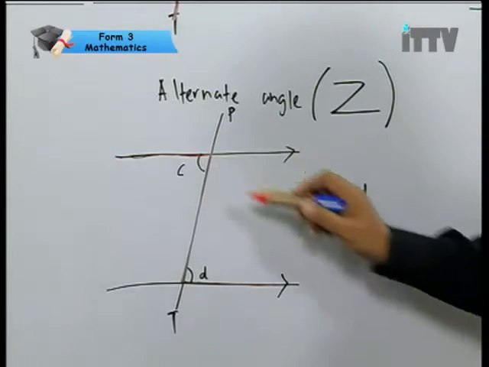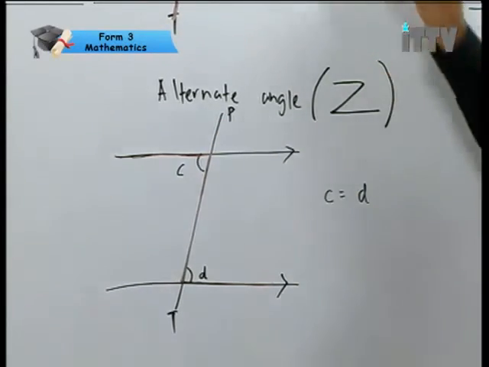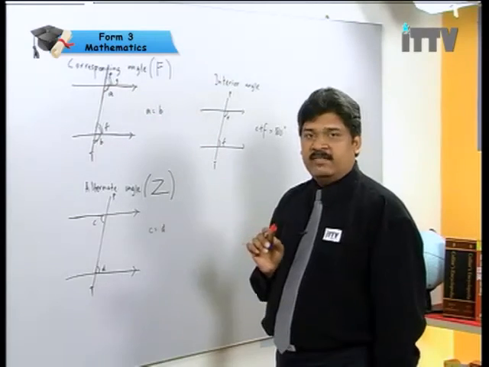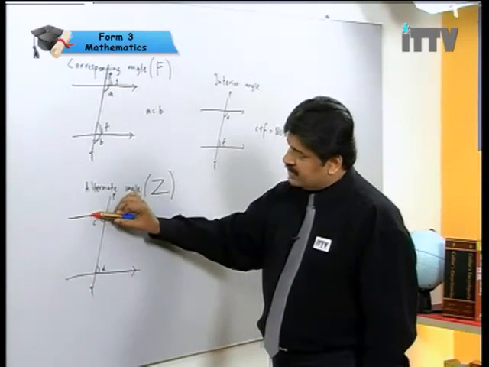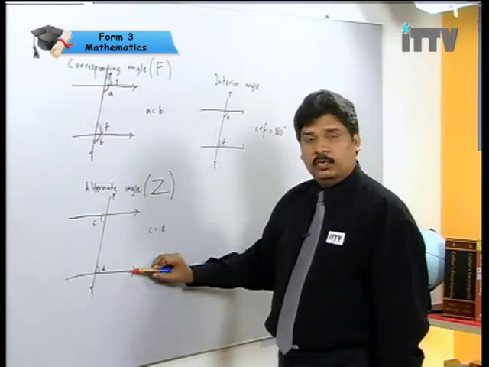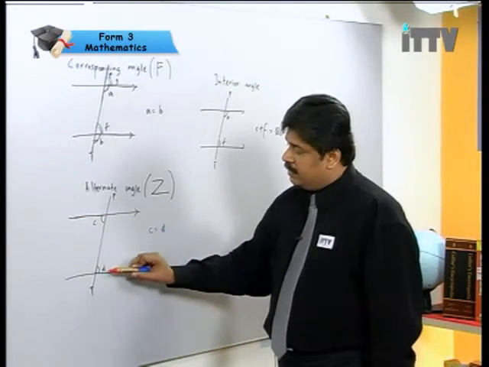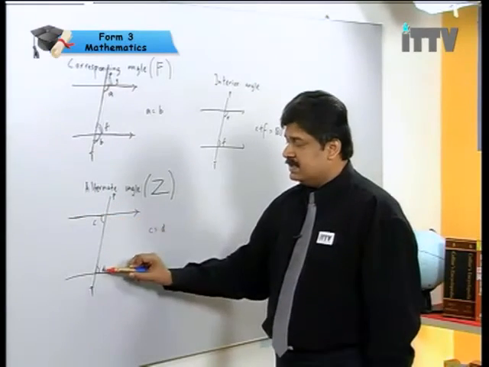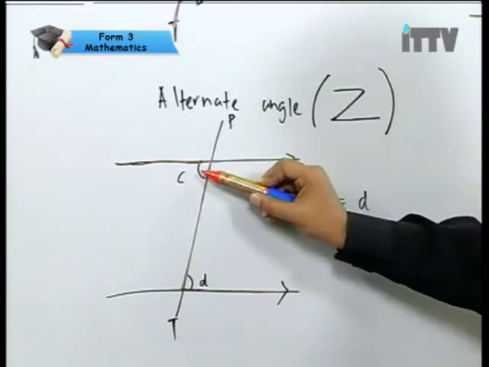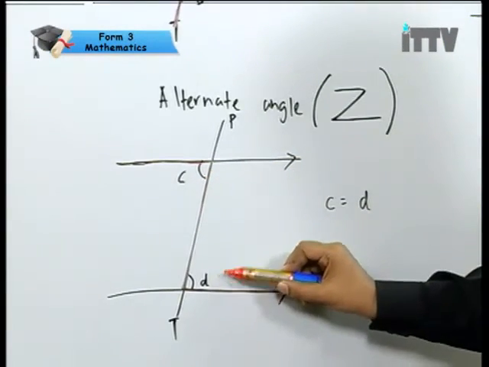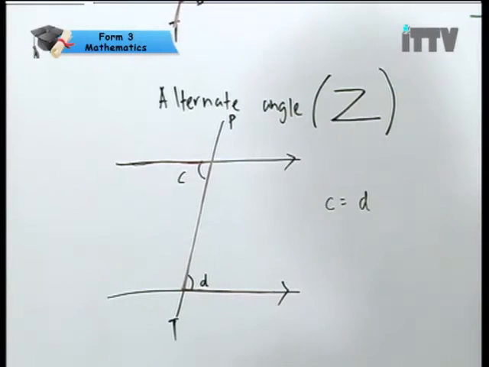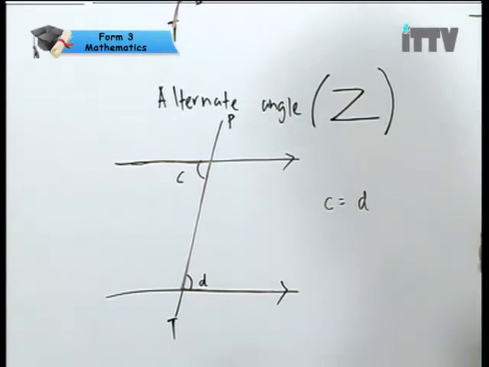I did mention to you, these two parallel lines must be involved. Likewise, this is a parallel line and this is also a parallel line. Therefore, it brings up the letter Z. Therefore, angle C and angle D is known as alternate angles and the values are equal.